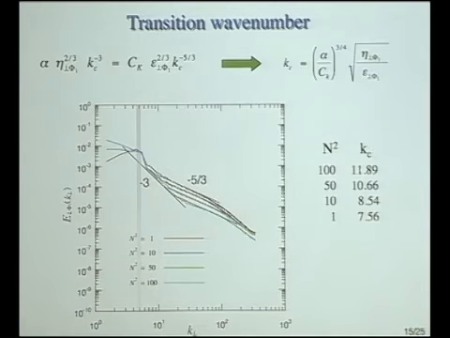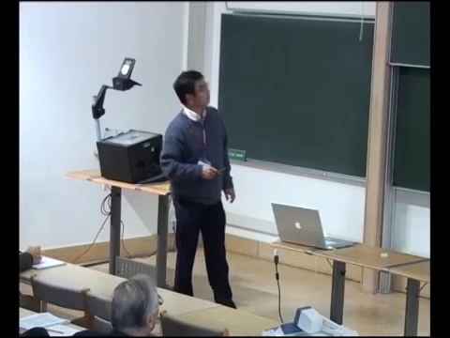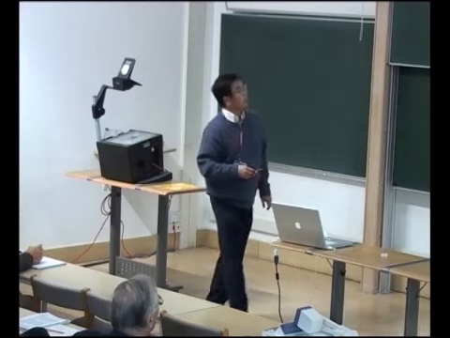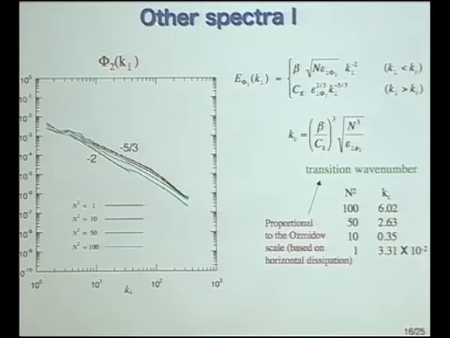And by using the numbers, we can calculate the transition wave numbers, something like 11.89, 10.66, and 8.54, and so on. So they give some nice, reasonable transition wave numbers.